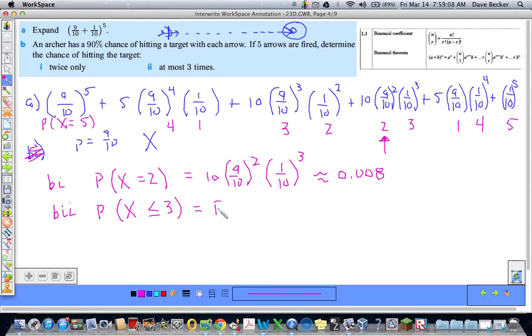Another way to think about it would be X equals 0, 1, 2, or 3. That's what that means. Well, where are all of those? So that's X equals 0, X equals 1, X equals 2, and X equals 3. So that's this one, this one, this one, and this one.